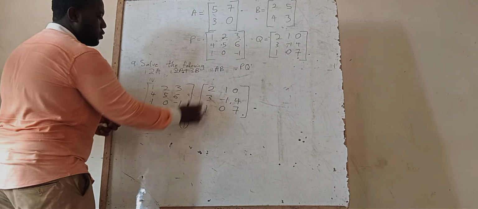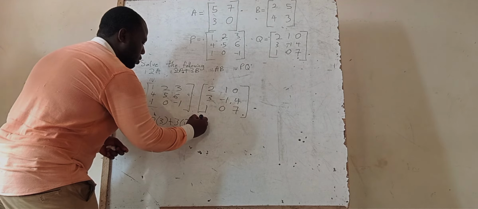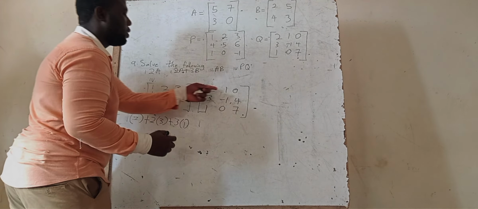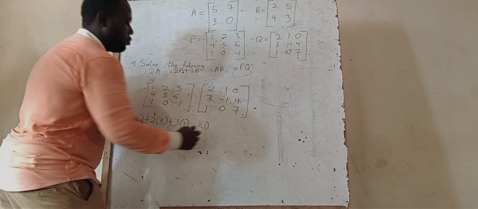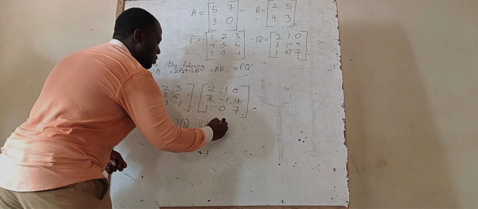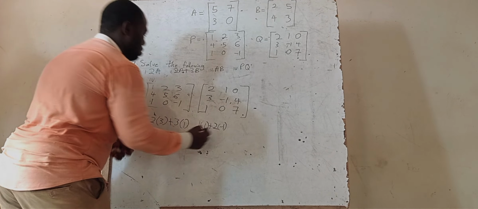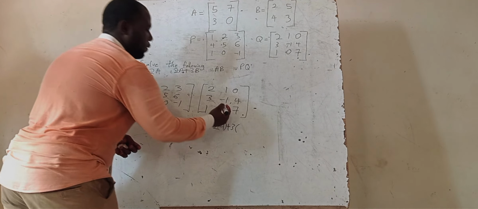We are done for this column. Now we take this into the next column. We take 1. 1 takes on 1. We take 2 plus 2. 2 takes on -1. We take 3. 3 takes on 0.